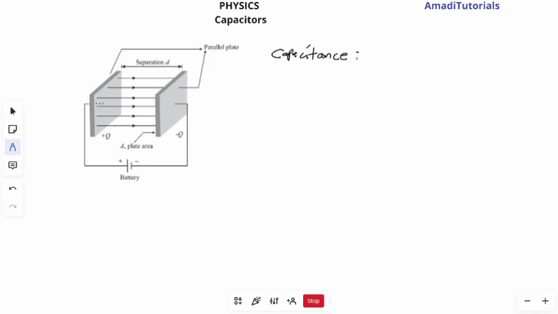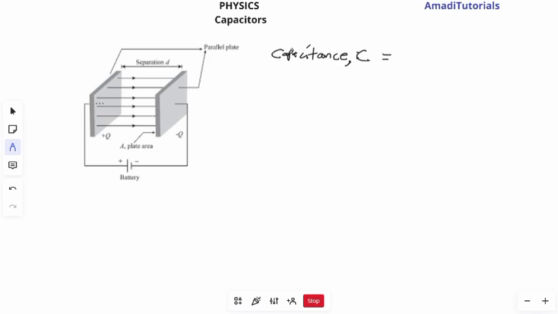Before I write it, label capacitance with capital letter C. Capacitance is defined as the amount of charge a capacitor receives per unit voltage. In my introduction of what capacitors are, I said that they store charges when voltage is applied on them.